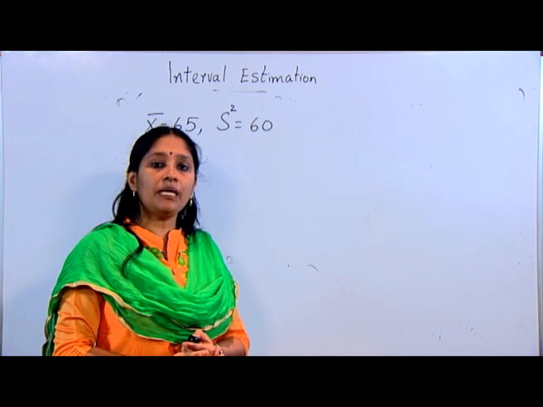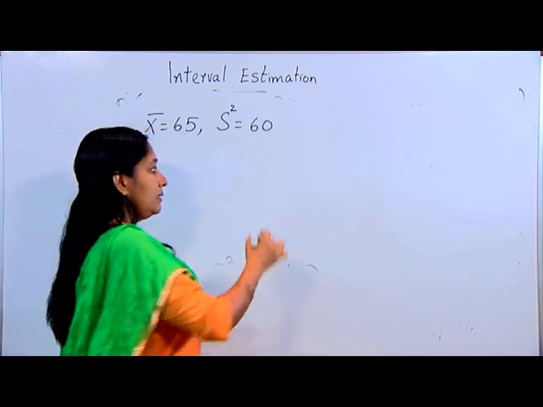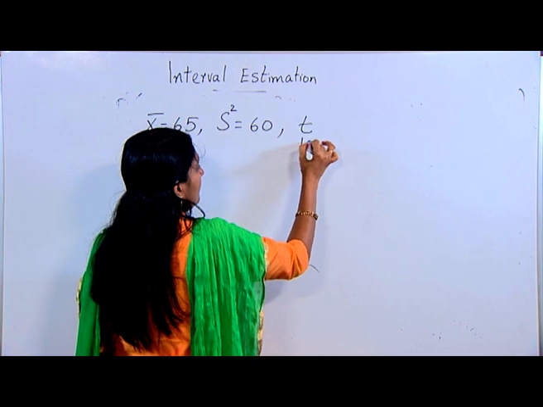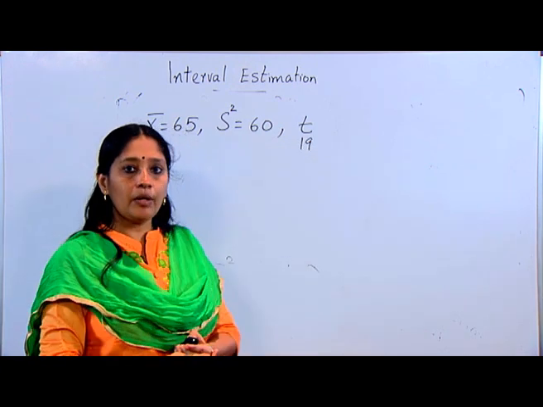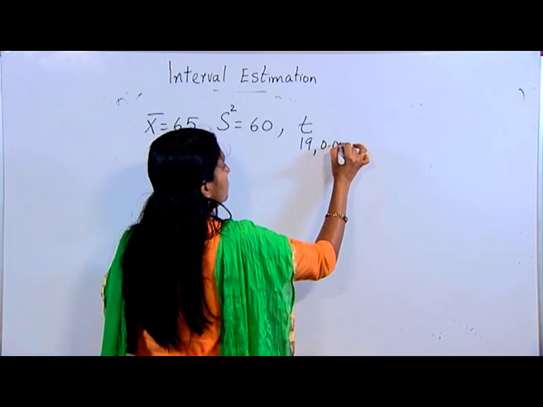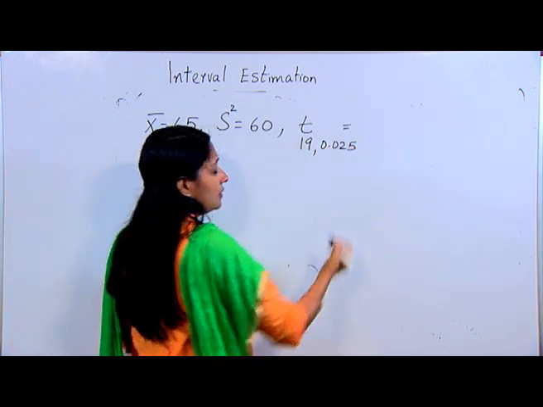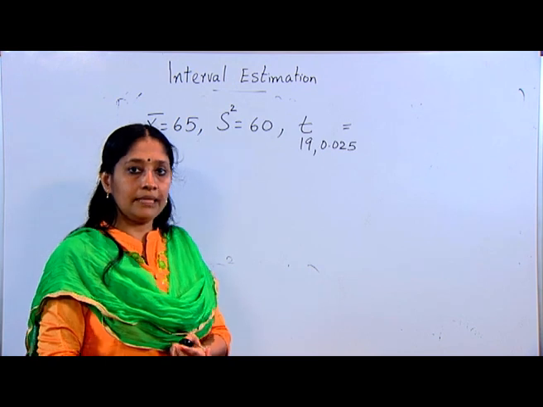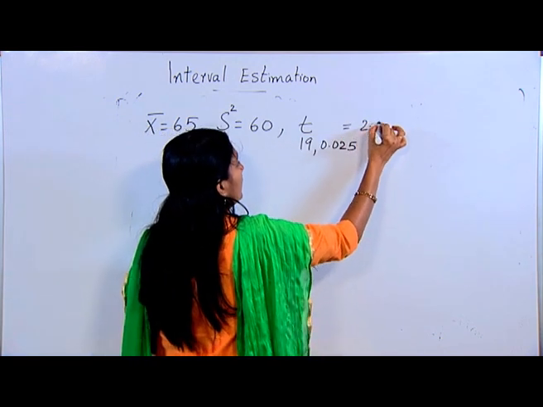We are taking a random sample of size 20. So, t 19, we are constructing a 95% confidence interval. So, t 19, 0.025 from the table of t distribution we will get as 2.09.